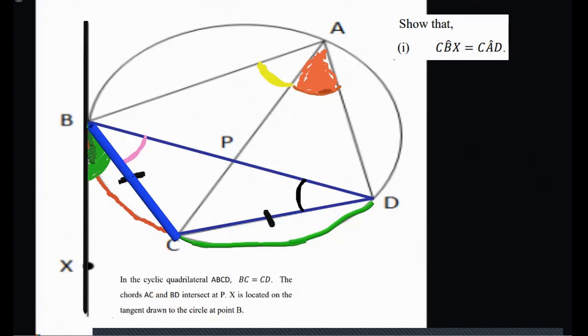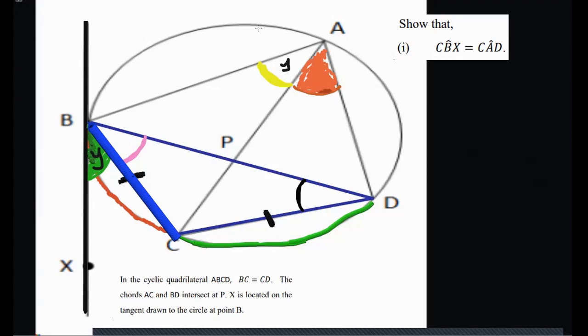So let's put a letter for that angle. The green angle, let's call it X. Or since X is there, I'll use some other letter, maybe Y. Now, if this green angle is Y, what should be this yellow angle? It too should be Y. Why is that? What's the theorem I'm using?